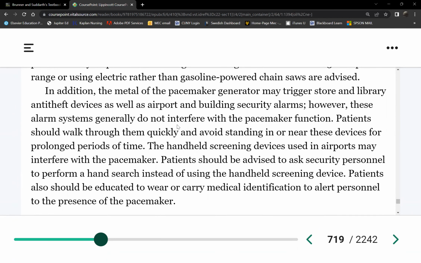All right. So in TSA, they can do the handheld screening devices, just regularly. You can just swipe it, but not hold it over the pacemaker because it will sound, because most pacemakers are metal. So when the TSA officer asks, what is that? It's a pacemaker.